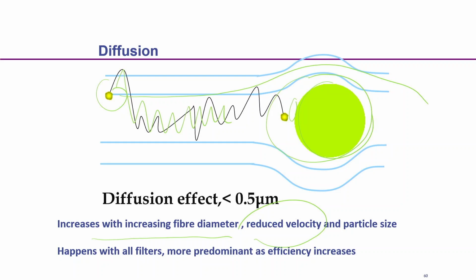So, in that case the particle will try to follow its random path, and reduced particle size, the smaller the particle, the more will be the Brownian diffusion. Okay.